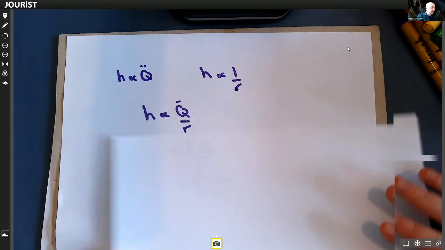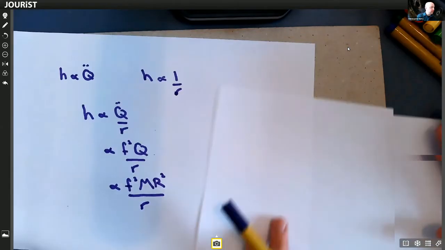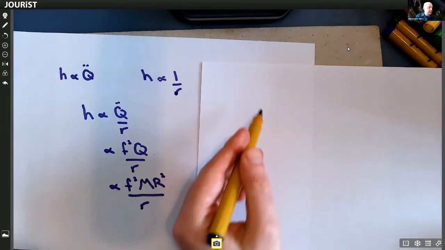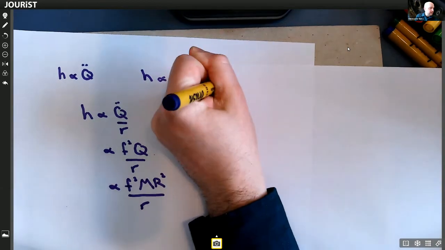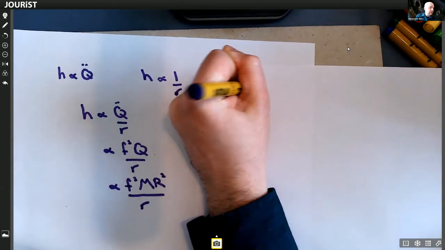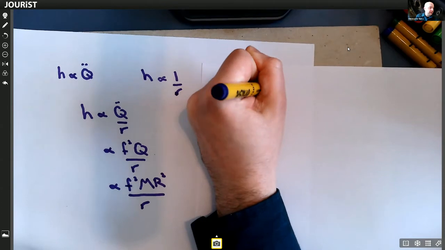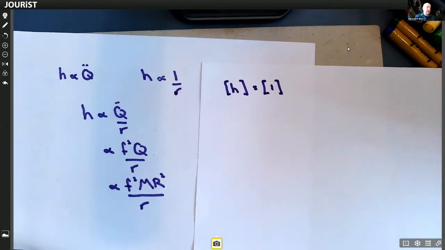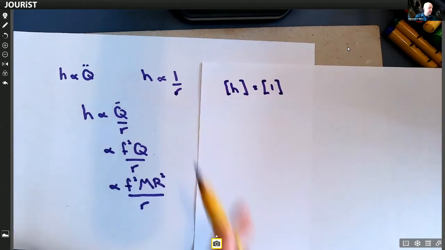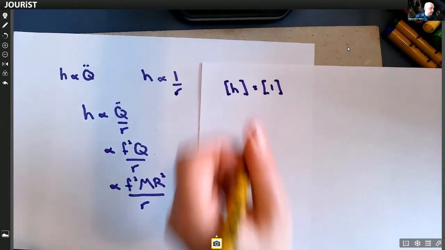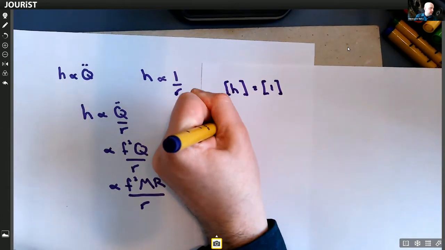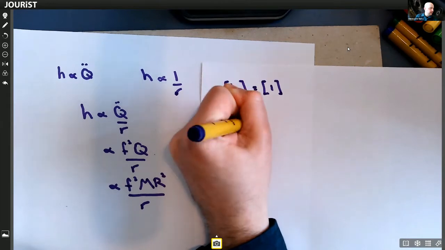So if we take a look at our equation, we have a gravitational wave strain, which should be dimensionless. It's a strain, so it's a length divided by a length, so this should have no units, it should be dimensionless.